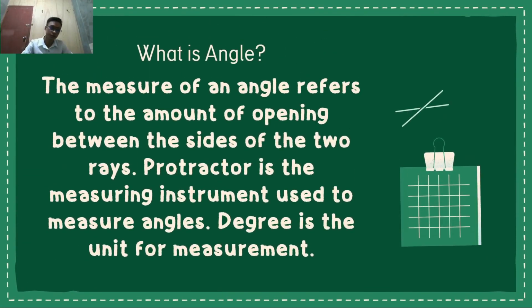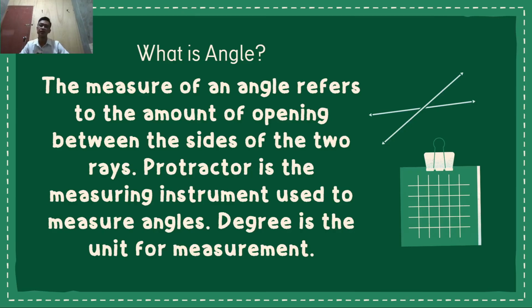On the next slide, the measure of an angle refers to the amount of opening between the sides of two rays. So please do remember that. The measure of an angle refers to the amount of opening between the sides of two rays. And please do take note that the protractor is the measuring instrument used to measure angles, and degree is the unit for measurement.